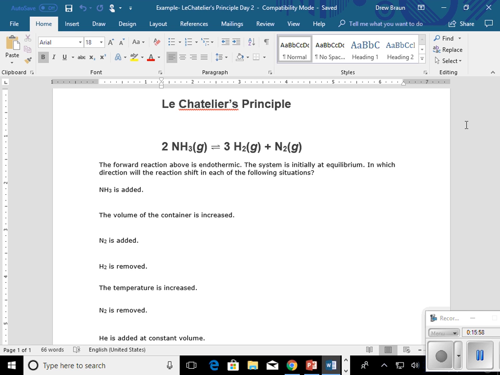Helium has nothing to do with this, does it? Is helium anywhere to be found? If we throw helium in there, what's going to happen? It's not going to affect equilibrium at all. So there will be no shift. Nothing will happen. No shift.